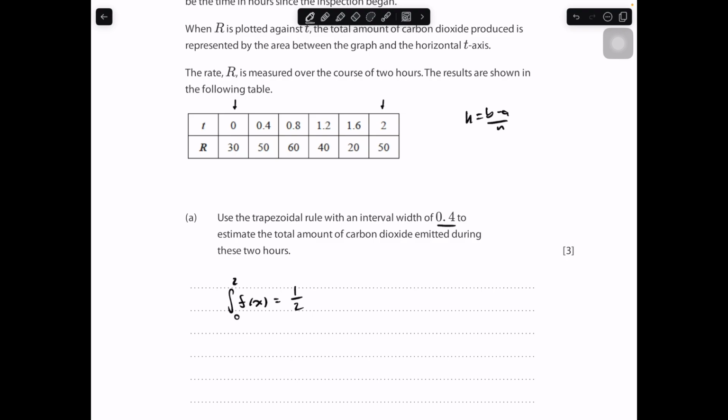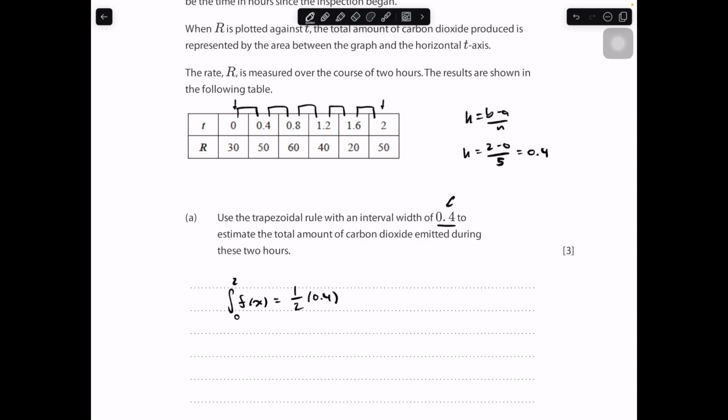How many trapezoids? We'd go 1, 2, 3, 4, 5 trapezoids. If we end at 2 and started at 0 and break it up into 5 intervals, 2 divided by 5 gives us an interval width of 0.4. So actually, it kind of gave it to us already. So h is equal to 0.4.